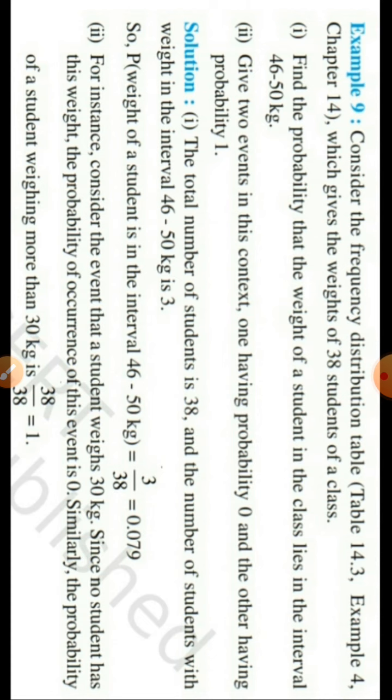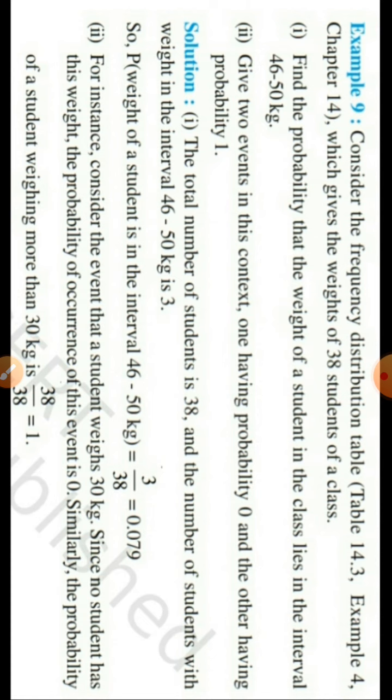I just copied from the question, whatever comes after "probability that". That should be in inverted commas. So again, let A be the event that, in inverted commas, the weight of a student in the class lies in the interval 46 to 50 kilogram. Now second step.